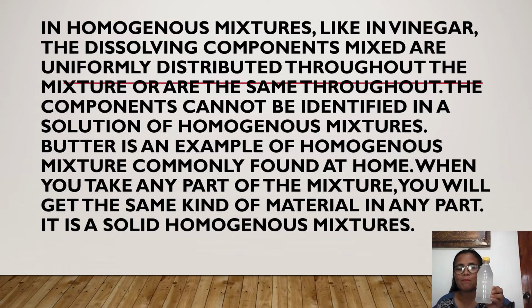Vinegar is an example of a homogeneous mixture because the materials that you mix to make this vinegar cannot be distinguished. So the dissolving components mixed are uniformly distributed throughout the mixture, or the same throughout. The components cannot be identified in a solution of a homogeneous mixture.